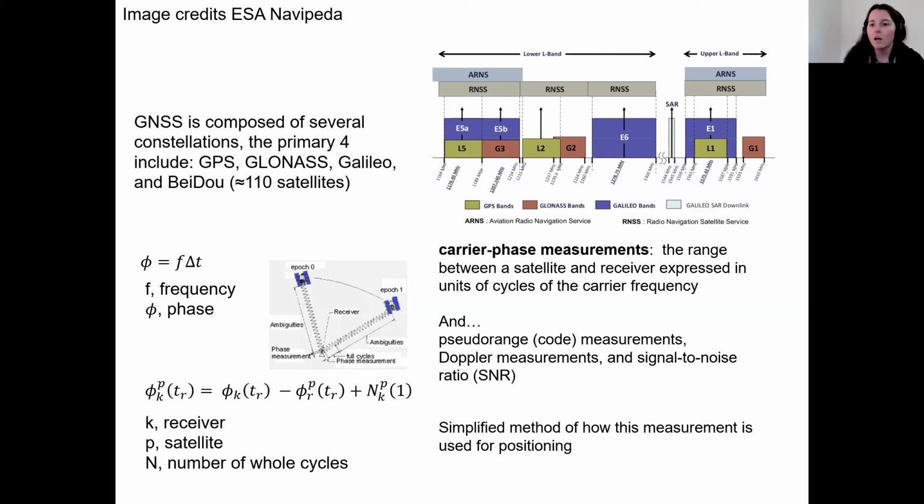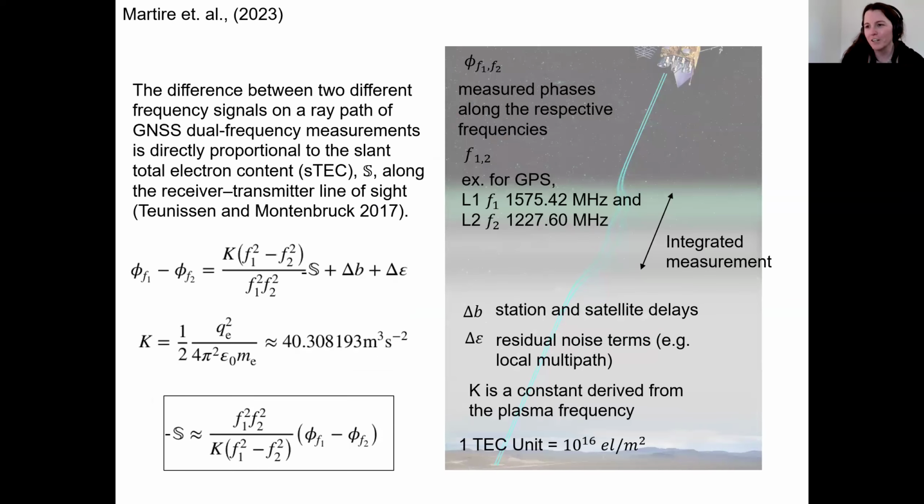It's not getting reflected and refracted and lost because of those impacts, because it's at a much higher frequency. It can pass straight through the ionosphere, but it passes through with some issues.